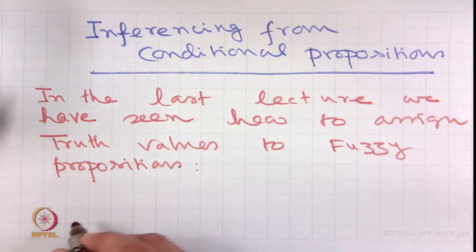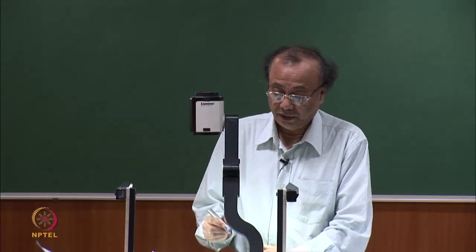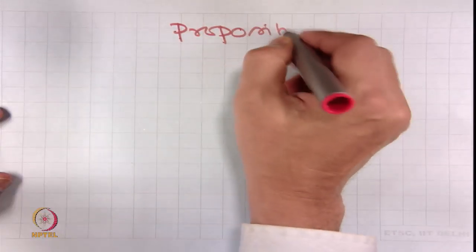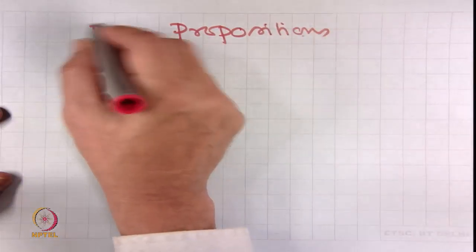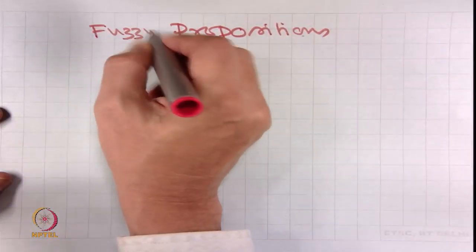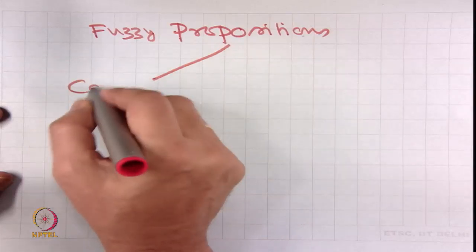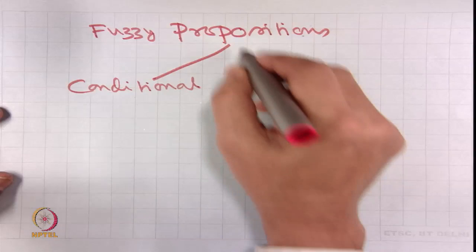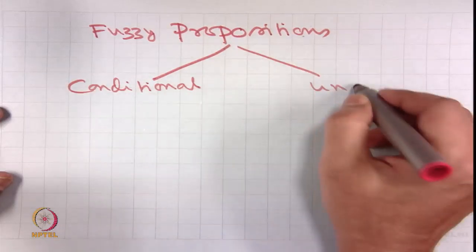In particular, we have talked about fuzzy propositions of two types. One is conditional, the other is unconditional.